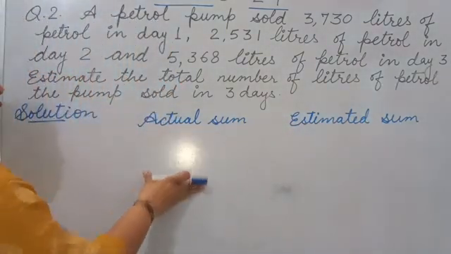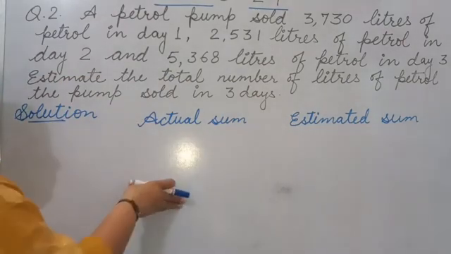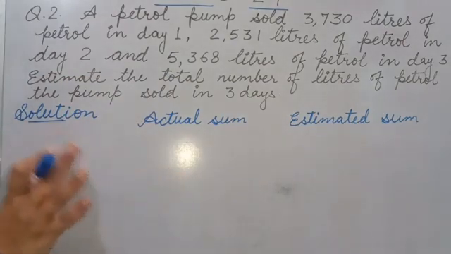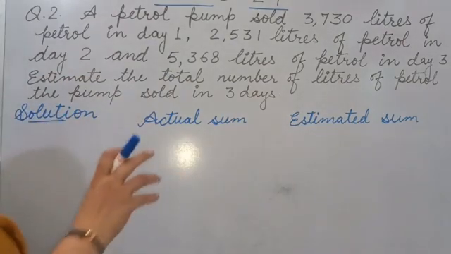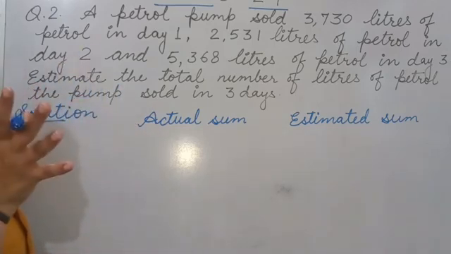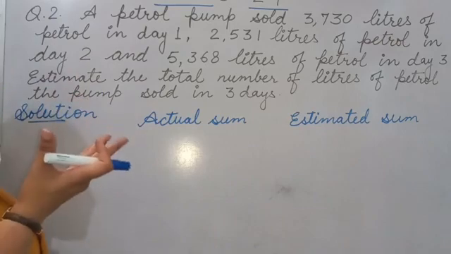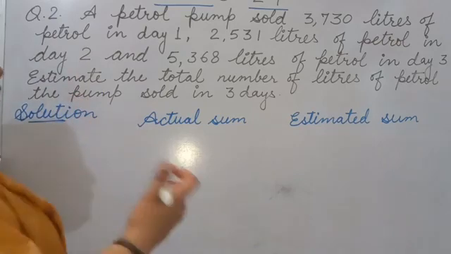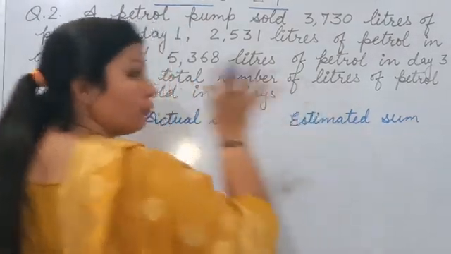Here you will write the actual sum and here the estimated sum. You write the actual numbers and add them, and that will be the actual sum. If you do not add, that's okay because it is not asking for the actual sum. If you want to, you can find the actual sum. Otherwise, no need. Only the estimated sum we have to find.